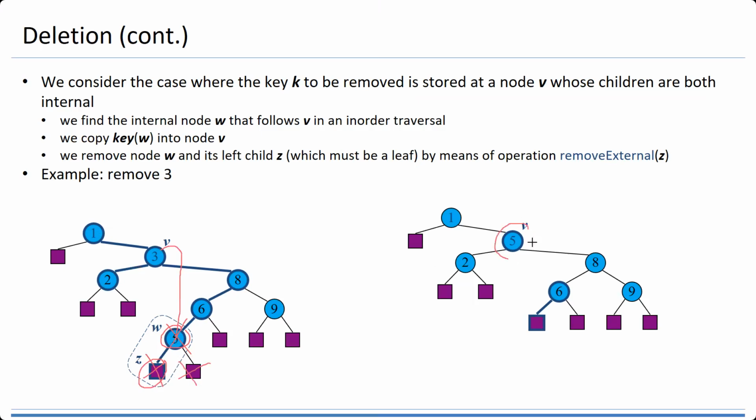Now we can see that 5 will be here and it follows the rule that the left child should be less than this internal node and the right child should be higher than this internal node. So this is the deletion when both of them are internal nodes.